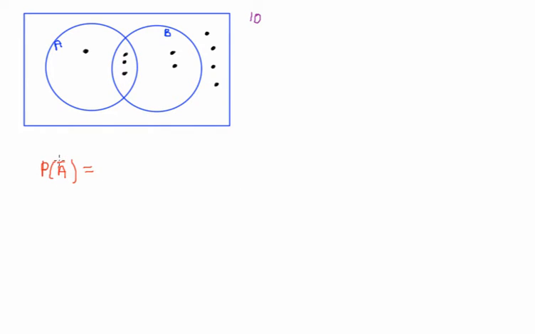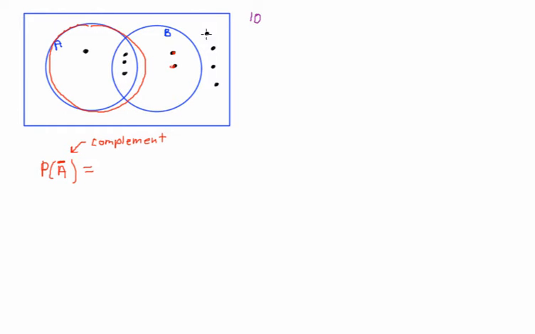What does this mean with the little line above it? It means what's the probability of not being in A? The complement of A. That little line above means the complement. Not being in A. So let's see, here's A. What things are not in A?